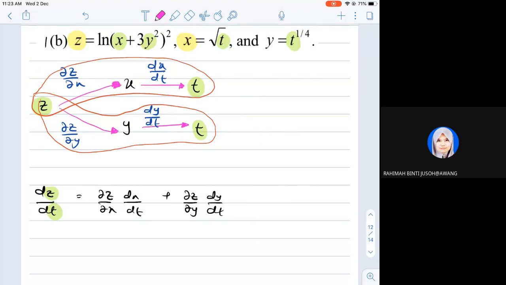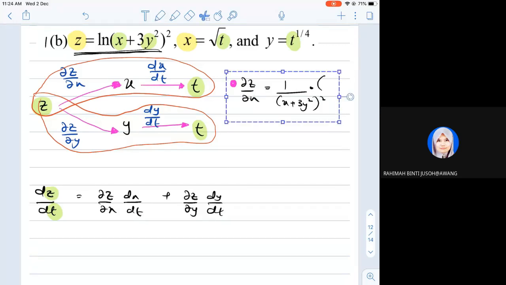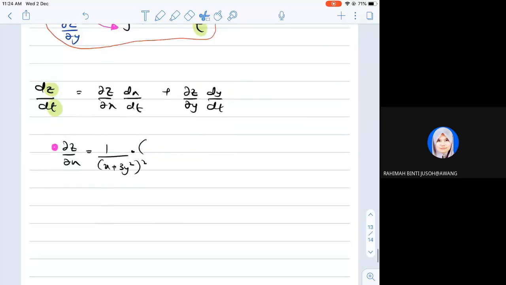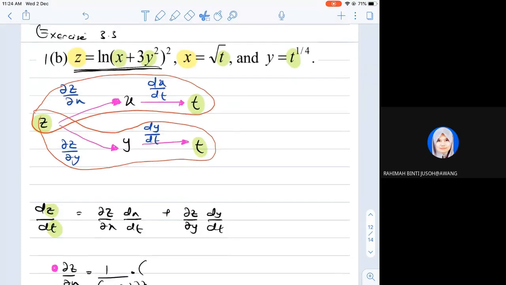So number one, we need to find del Z over del X. You all need to differentiate this function, Z equals ln of X plus 3y squared. Differentiate ln, we will have 1 over the whole thing, X plus 3y squared, and then multiply again by the derivative of the inside. It doesn't fit, so I copy it below. It's long. Okay, so we need to differentiate the whole thing.